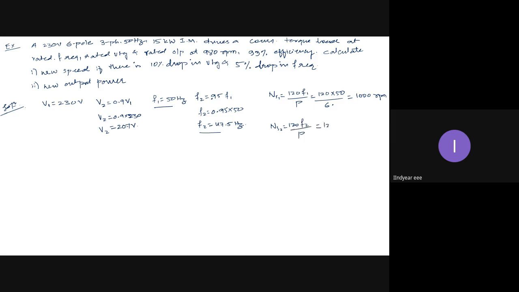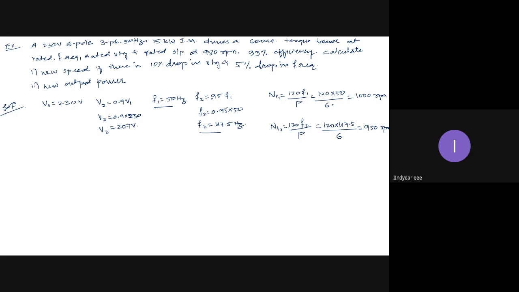So this is 120 into 47.5 divided by 6, which equals 950 RPM.